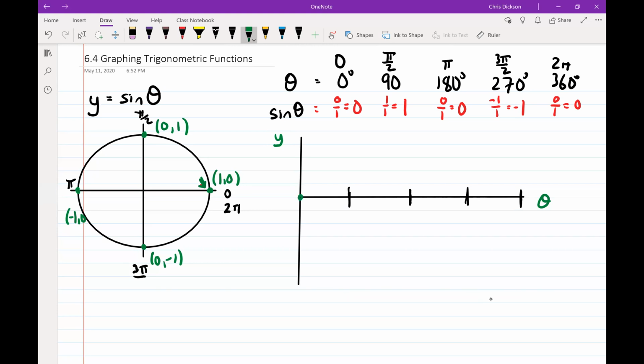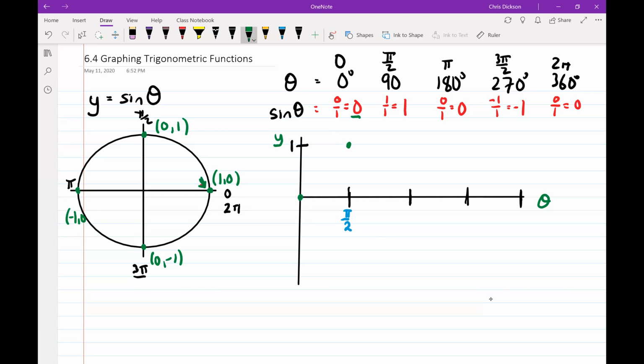That's that number right there. But when I do the sine of 90, or pi over 2, I'm at 1. So let's make this here pi over 2. Just remember that's 90 degrees. So when I'm at 90 degrees, my y value is 1. So I'll put a little dot here.